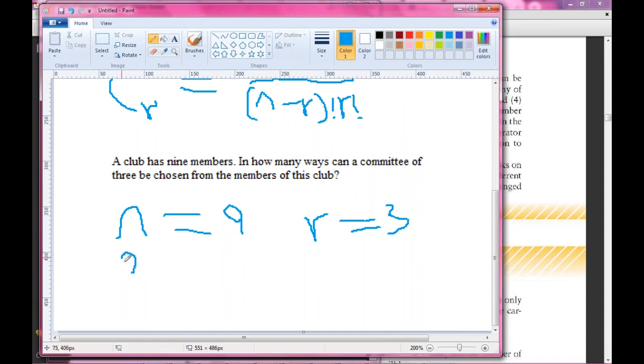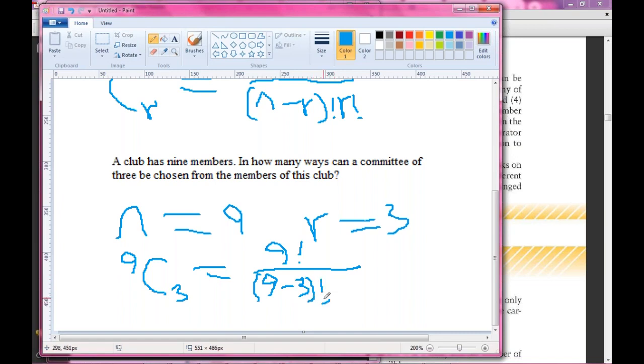To solve this mathematically, it's going to be 9 combination 3, which is equal to 9 factorial all over, you open your brackets, 9 minus 3, factorial, then 3 factorial. Mind you, this is 3. I'm only trying to write it well for you, but you can do better than this.